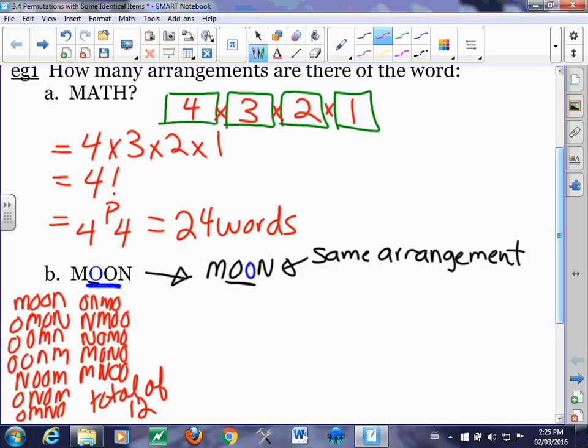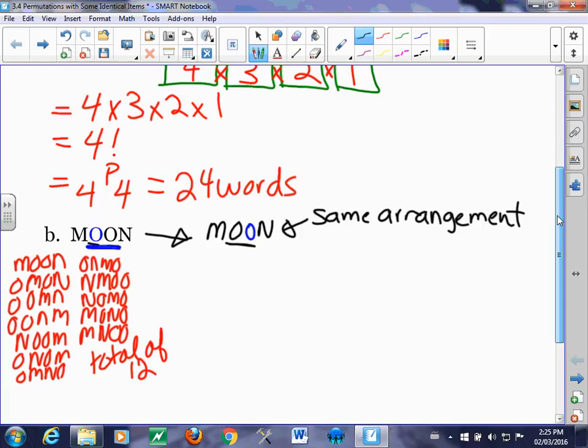Now, I will show you a shortcut instead of having to do all that, and hopefully you got those arrangements there as well. So the number of ways: we're going to take a look at our total possible, which is 4 factorial. And then we're going to divide by the repeats.